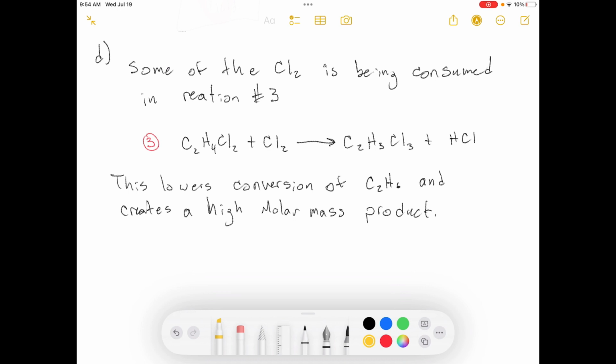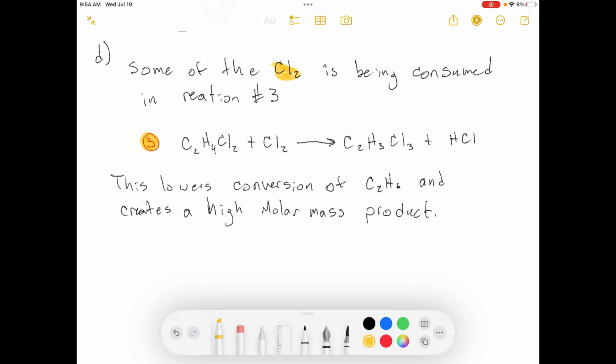Okay, so there's actually a third reaction going on, where all of the Cl2 is being consumed. Some of the Cl2 is being consumed in reaction 3, so it's not going toward our conversion that we want, where we want it to be turned into monochloroethane.